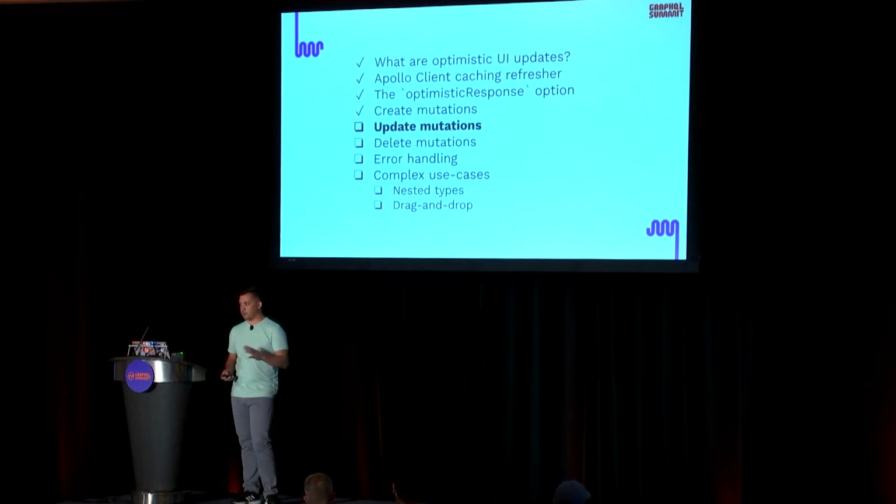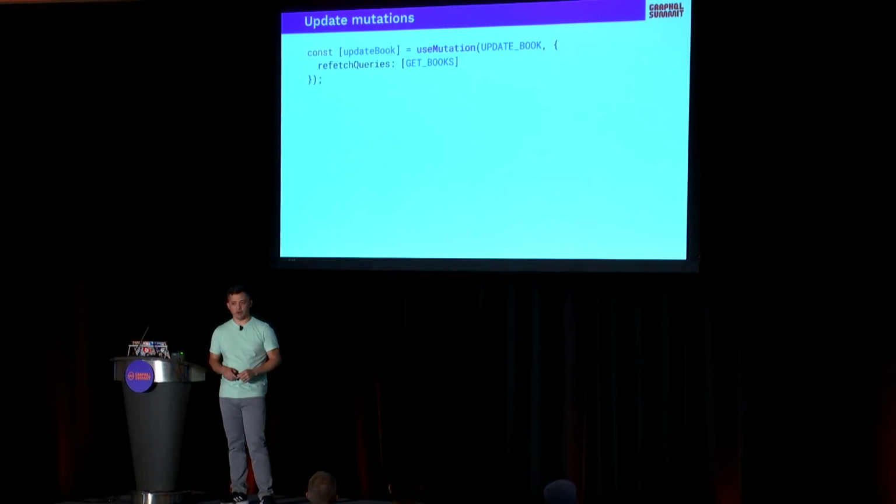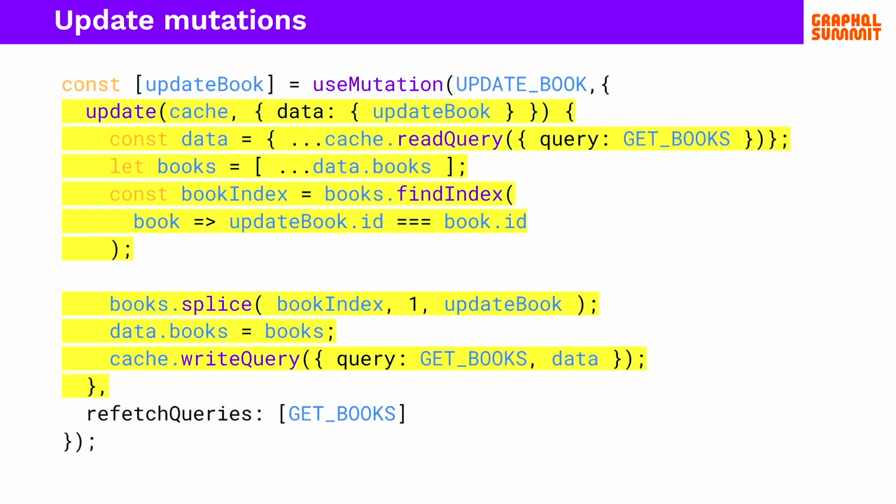So now we've done it with create, let's move on to updates. Just like before, we're going to take our use mutation call, and we're going to add in our cache update logic. Now, this is a lot of code, but this is always going to be business-centric. And so all I'm doing here is finding the book that's in our cache, updating the information, and putting it back in.